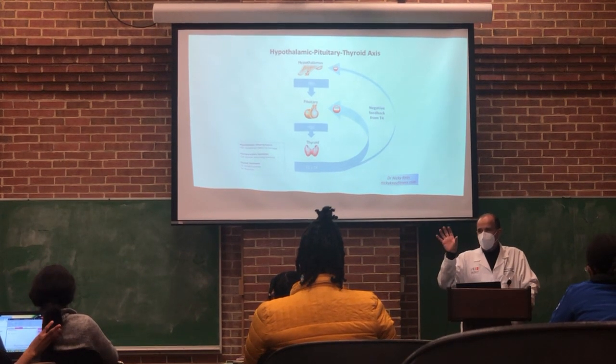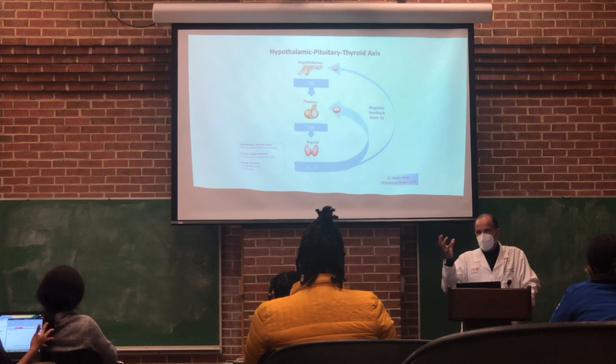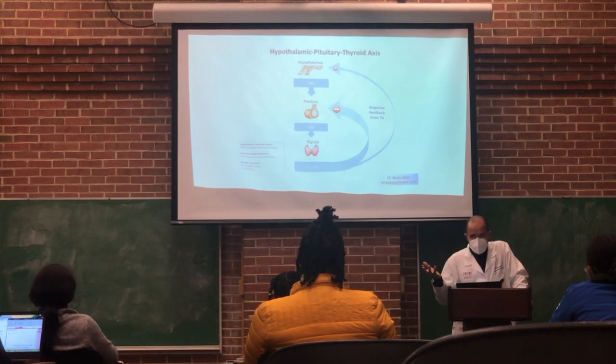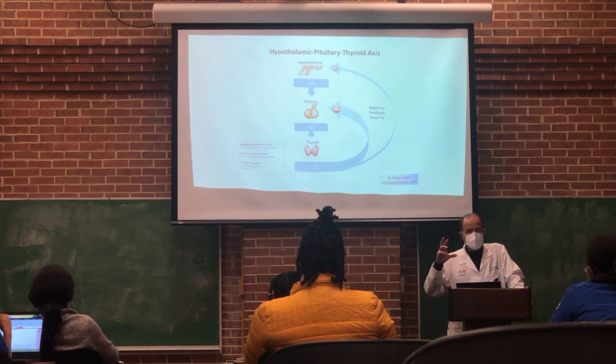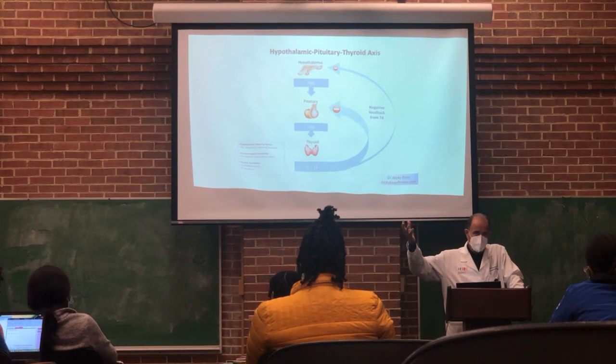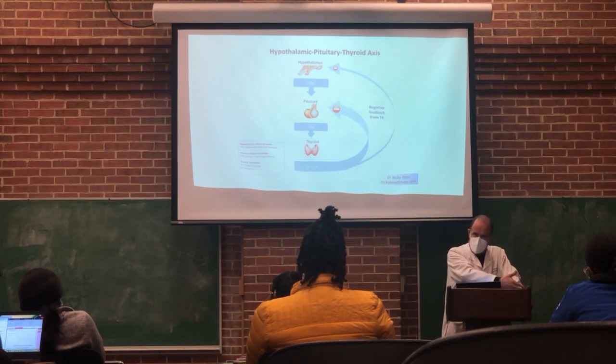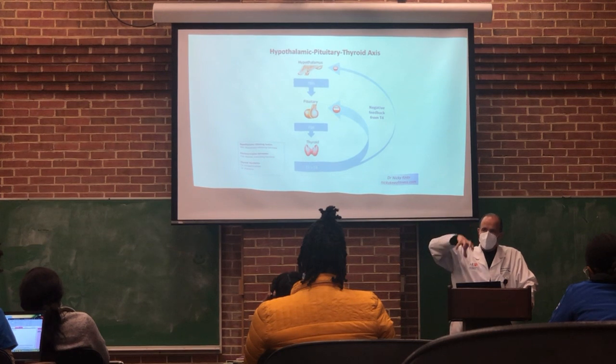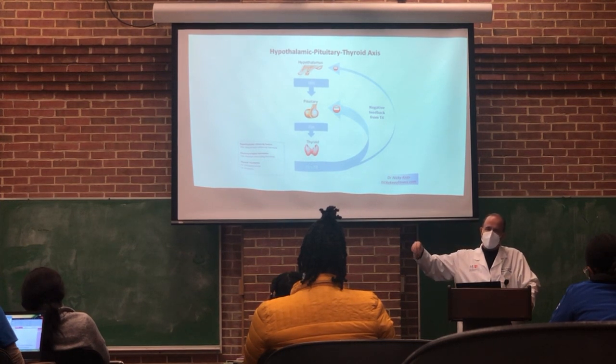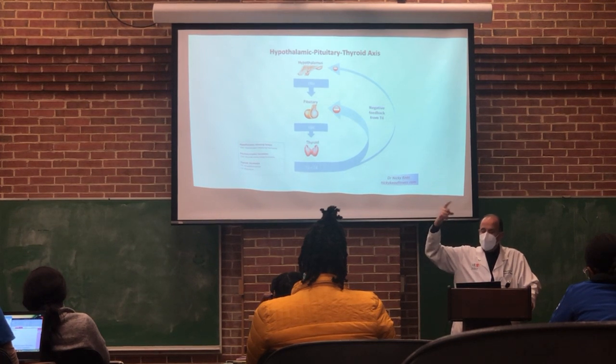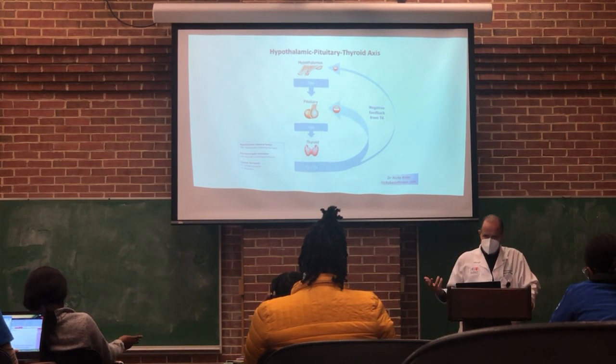The stimulation for the thyroid gland to secrete thyroid hormones comes from where? From the pituitary, the thyroid stimulating hormone, right? And the pituitary to secrete the thyroid stimulating hormone has another stimulation coming from where? From the hypothalamus.